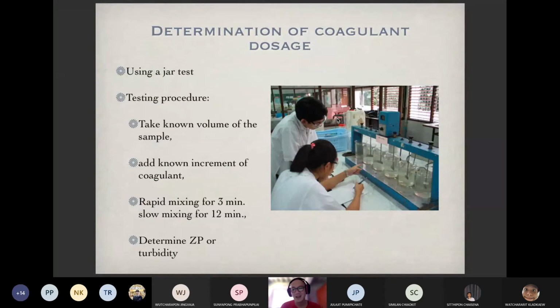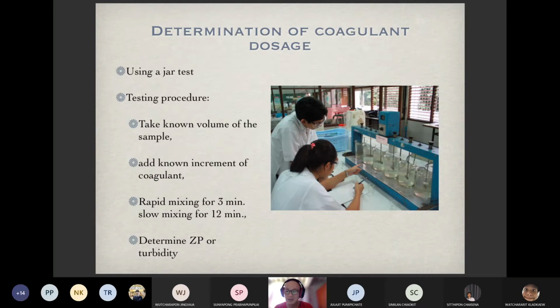So this is the photograph showing the jar test apparatus. We also have this apparatus in our labs. We have two machines. So the students will be divided into 4 groups. Two groups will be working on the first machine, and the second machine will be for another 2 groups. This machine is very simple in terms of the operation. It essentially consists of the motor here, and then there are paddles.